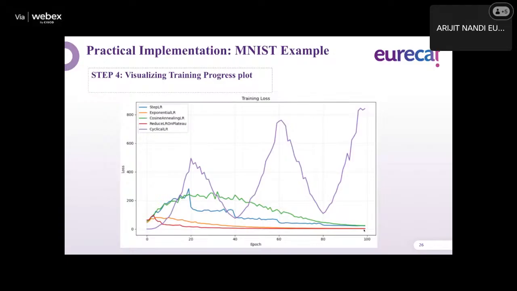Although it's not exactly zero, it's way closer to zero. That's how the learning rate scheduler actually has an impact on model training, meaning reducing the loss, as you see here.